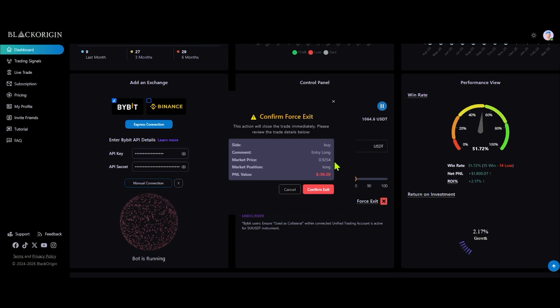After force exit, an artificial exit signal is generated that results in exiting the open active trade, followed by automatically pausing the bot. That means to continue bot operation, you should manually start the bot again. The trigger of the force exit will be logged in trading signal page.